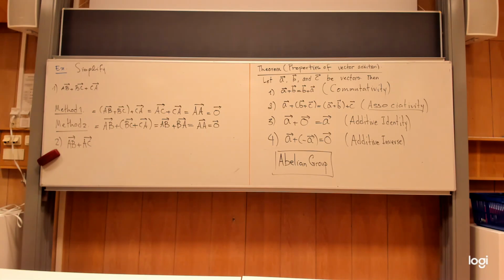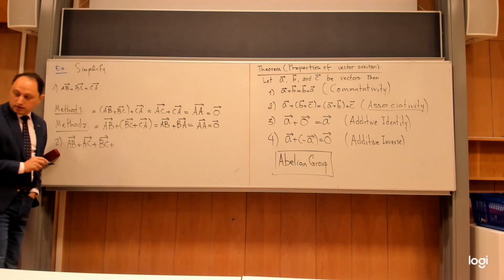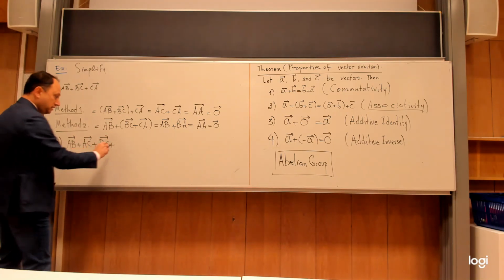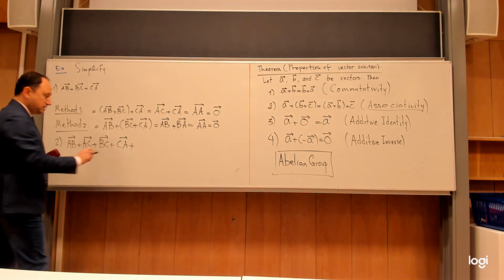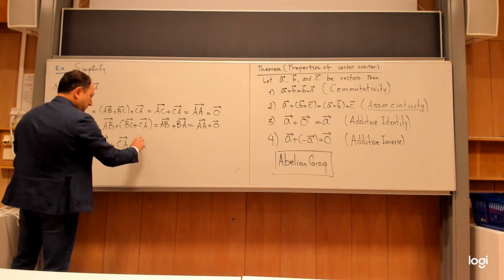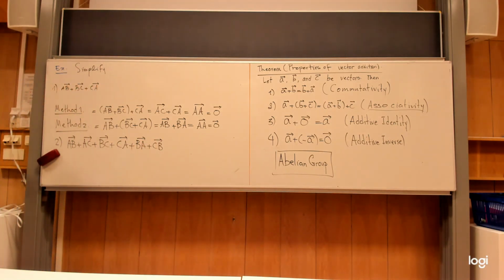Okay, so AB plus AC plus BC plus CA plus BA and CD. I can wait a little bit for you. And I can write one more.